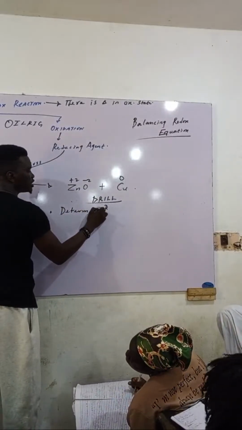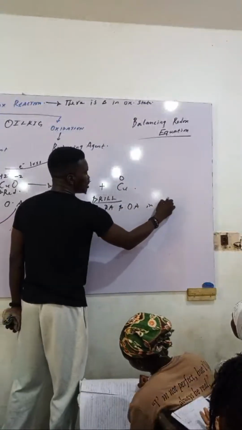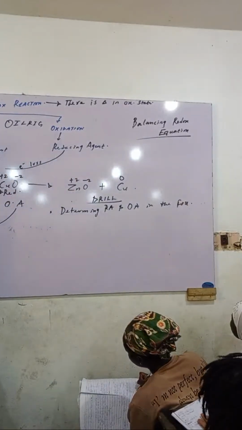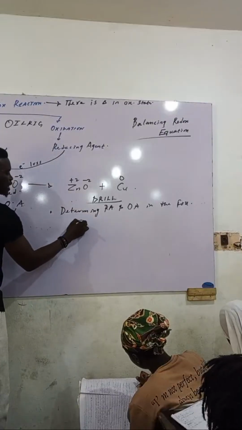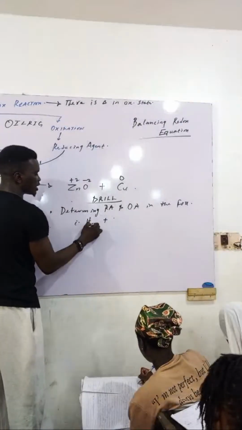Determine the reducing agents and the oxidizing agents in the following. 1. HCl plus, let me say 2S.